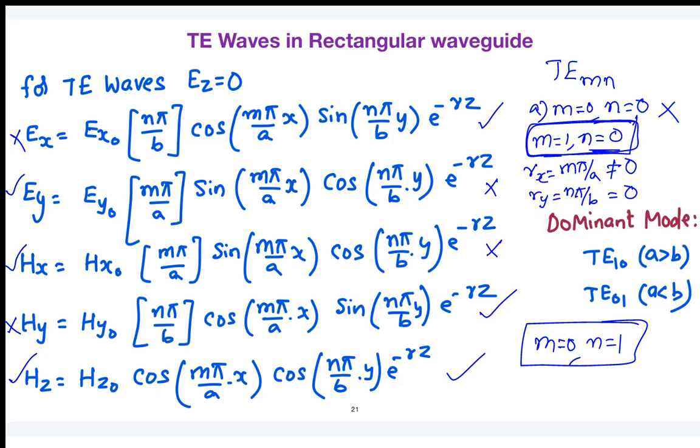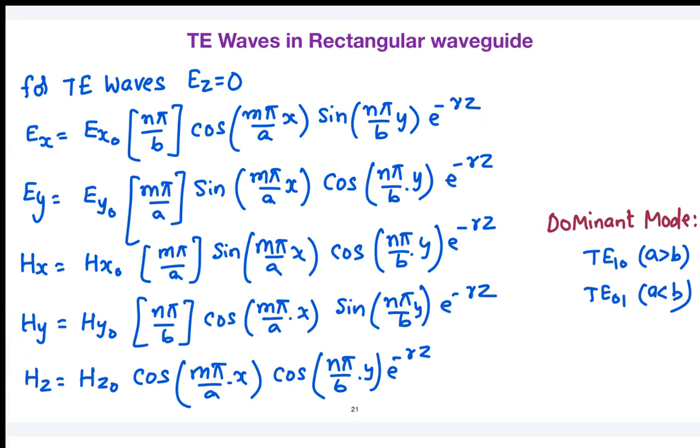Now, technically speaking, you cannot say out of 10 or 01 which is lower or higher. So I can say TE10 and TE01 both are dominant modes because they result in one electric field component and at least one magnetic field component. So which one you should consider as the dominant mode depends upon the dimensions. Why?